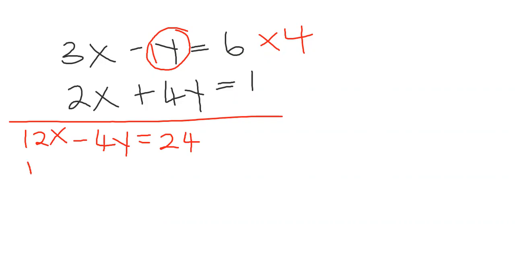Then I'm not doing anything to the second equation. I'm just leaving it like that because after all, my coefficients are now the same. Now look at your y, the one that you want to eliminate or get rid of. You have a negative 4y on top and a positive 4y down. Remember I said we eliminate by either adding or subtracting.